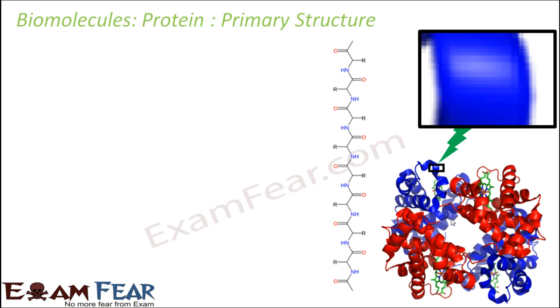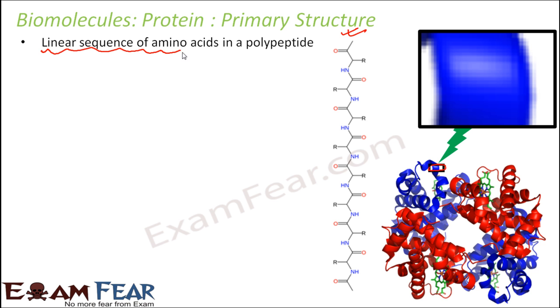If you magnify a small portion of it and look at the base, what forms the skeleton of the protein? It is made up of amino acids. The sequence of amino acids is the primary structure, which you can see here. This sequence forms the backbone. So the linear sequence of amino acids in a polypeptide is the primary structure of a protein.